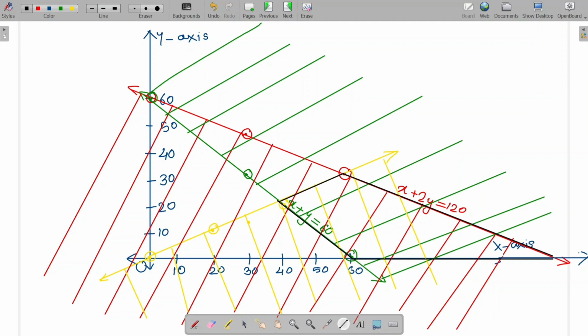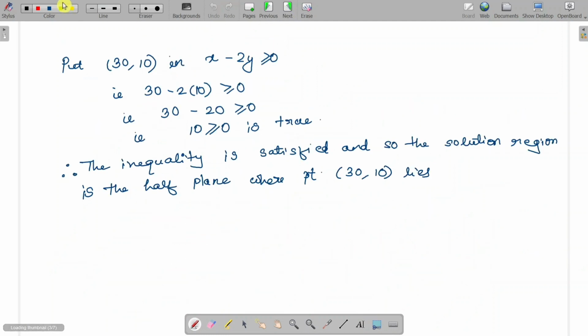Right, let us name the corner points, so let us call this A, this point B, this point C, and this point D. Okay, so here the feasible region is A, B, C, D, A, right?